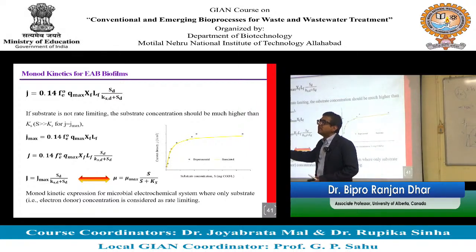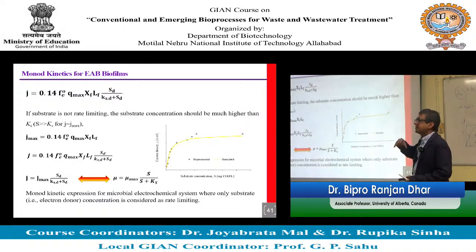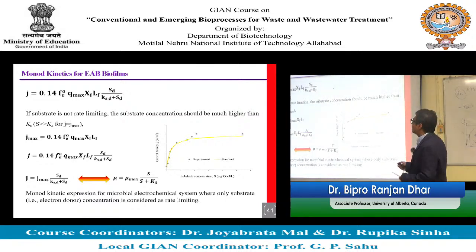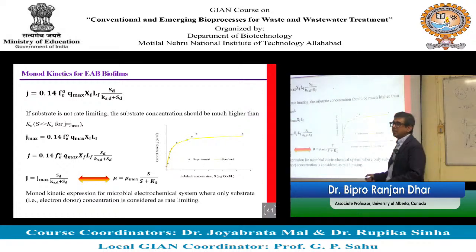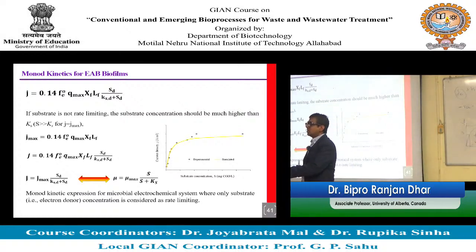So this model was further extended, and some researchers combined it with the Nernst equation for electrochemistry. Sometimes they call it the Nernst-Monod equation. Then some researchers also combined that with Ohm's law, so the Nernst-Monod-Ohm equation.